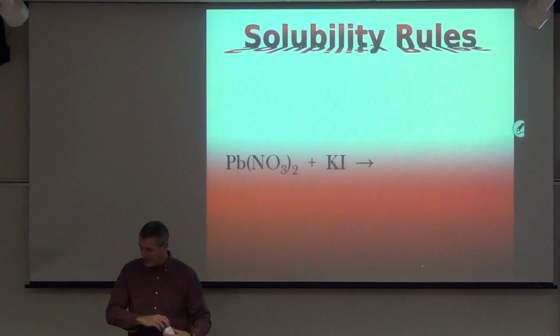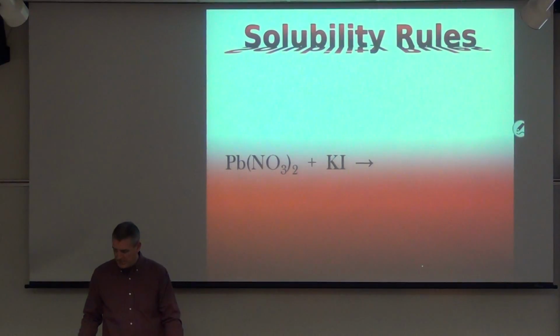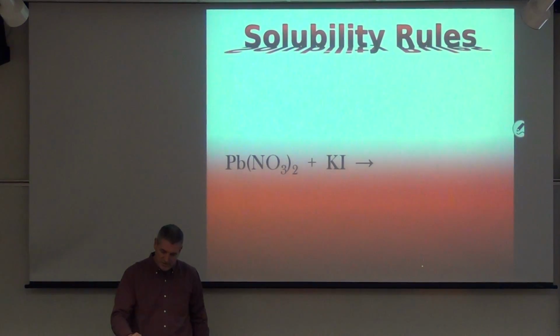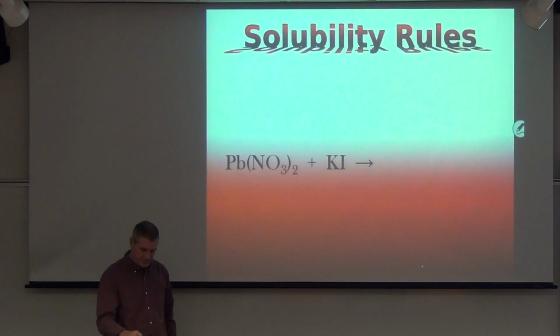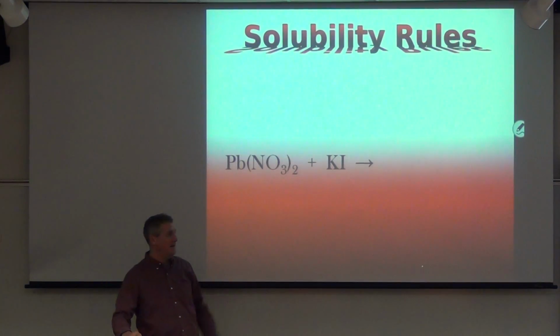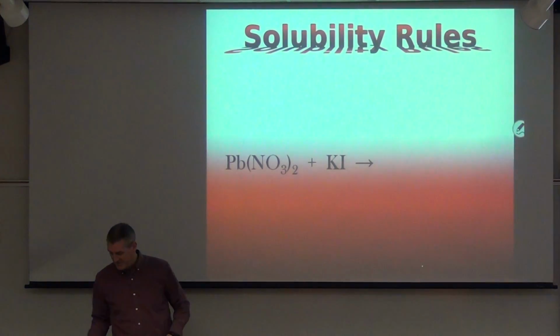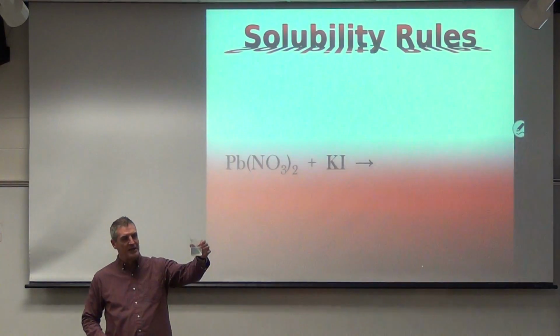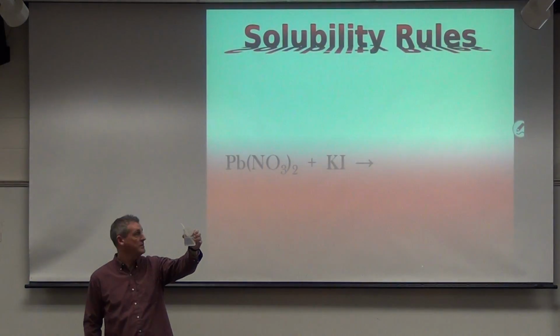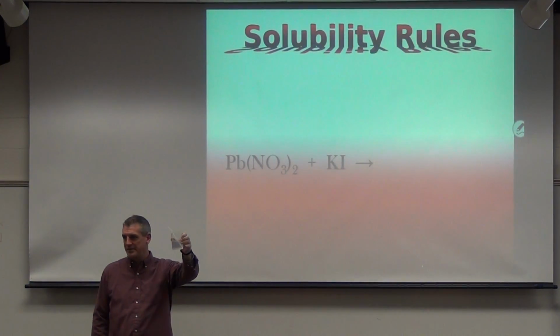So when we put a little bit of that in our water and we give it a little stir, we end up with a clear, colorless solution of potassium iodide. This is lead nitrate, lead(II) nitrate.